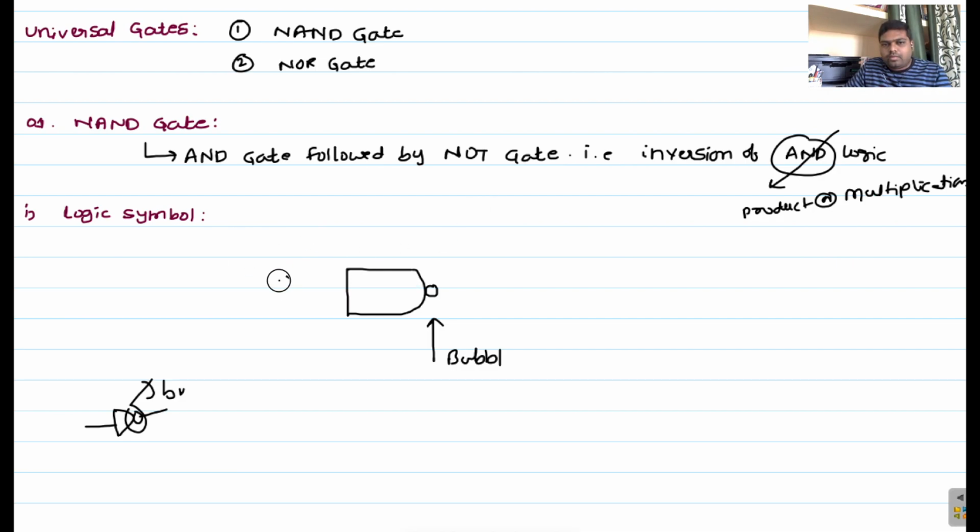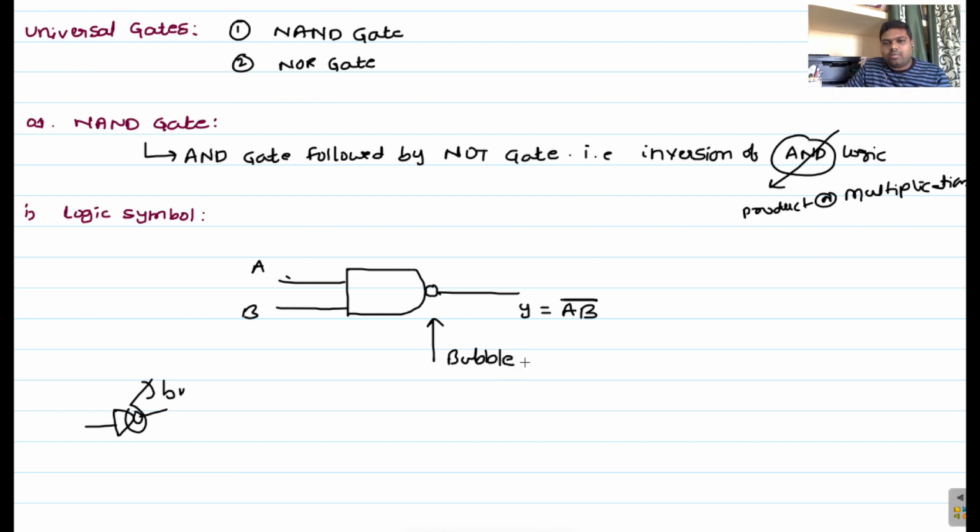Okay, so here I am taking two input variables, A and B, and this is our output Y equals to, so AND logic is what? A product B. For that A product B we can take inversion, that means AB bar. So this bar indicates complement, otherwise inversion process, right?